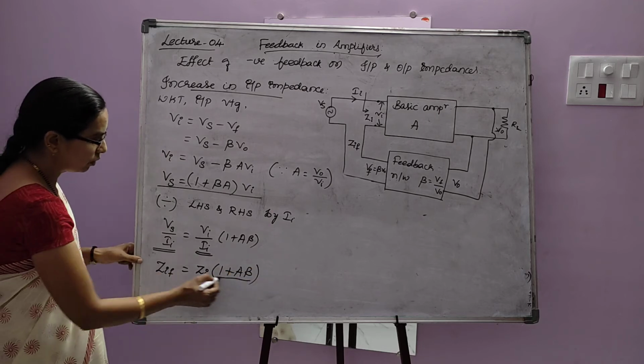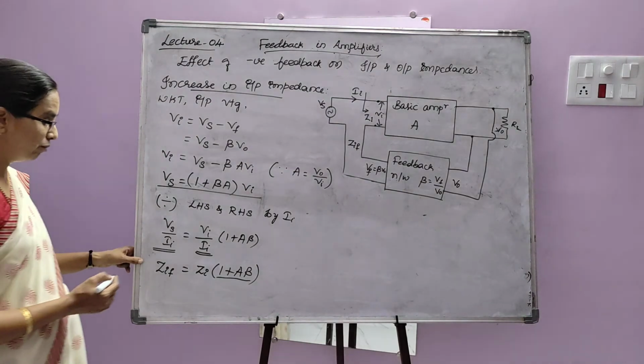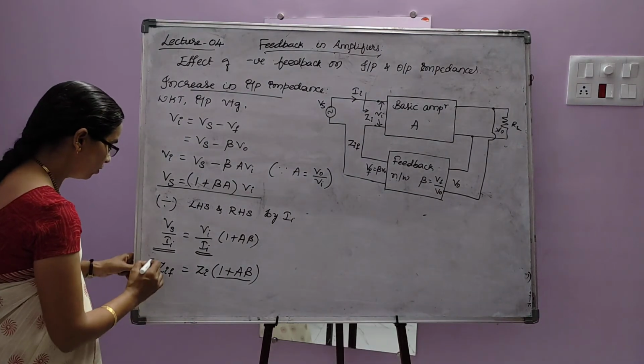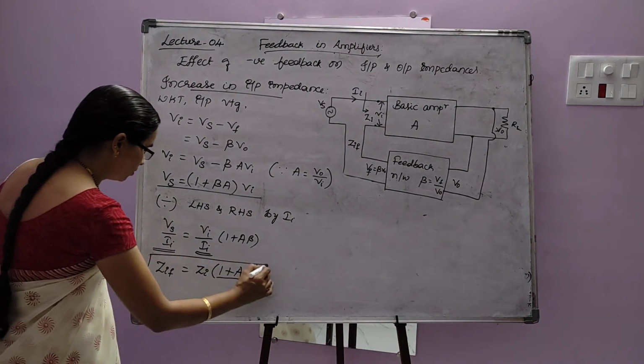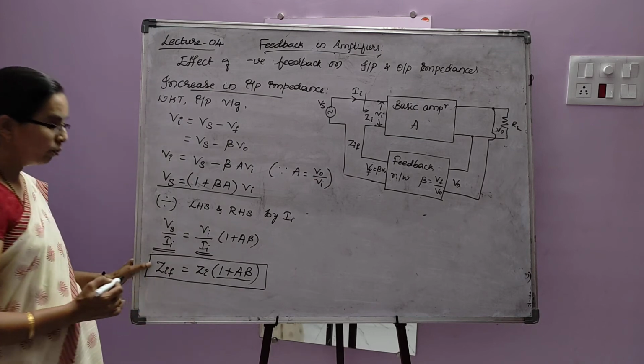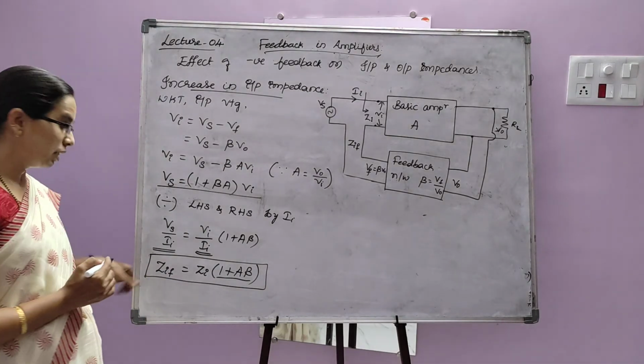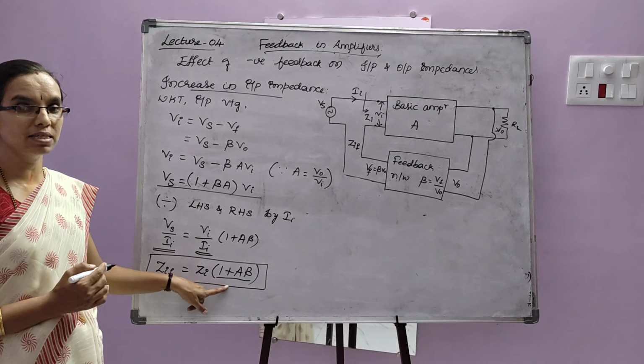So we know that 1 plus A beta is greater than 1. Therefore, input impedance of the feedback amplifier increases by the factor 1 plus A beta.